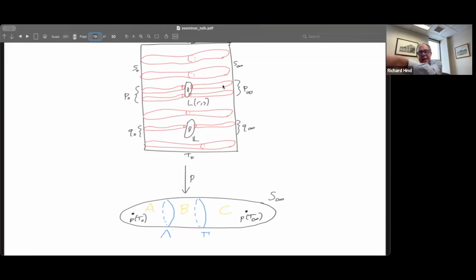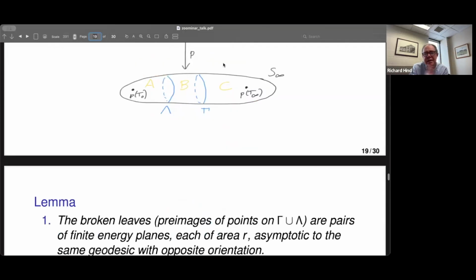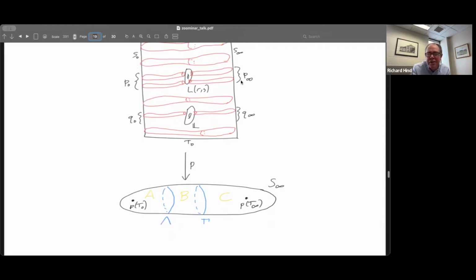That means the other end has to have area of at least 2R minus 1. Putting that together, the first curve has to have at least R, but less than 1. And then the only option for a Maslov 2 class is R, because of the assumption on S. So they break this way basically because there's not enough area to do anything else.